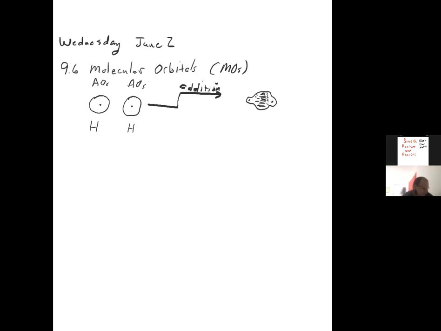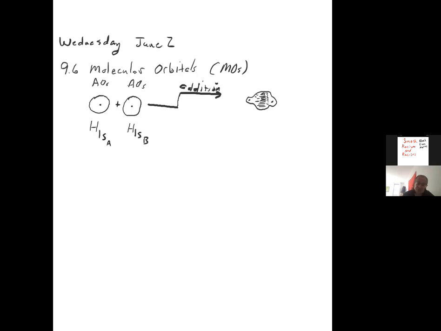So those two waves are adding. In fact, sometimes we even just do it like this. We say they're adding to each other, those orbitals. So we would say that this is a hydrogen 1s. And since there are two hydrogens, we'll put A, meaning this is atom A. And then there's a hydrogen 1s, and we'll call that B, atom B, right? Just so that we know which hydrogen we're talking about.